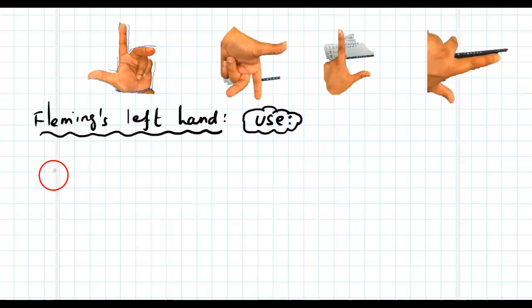Okay. The clue is when there is a wire, called a conductor, a copper wire, which is placed in between the magnets. Now, what will happen?